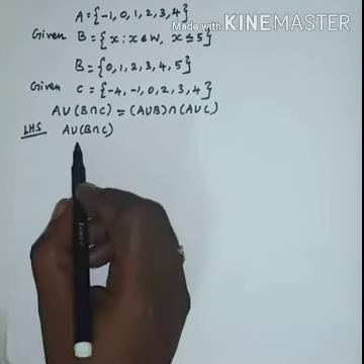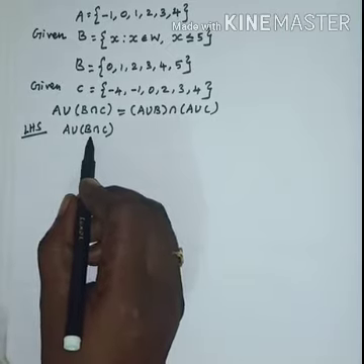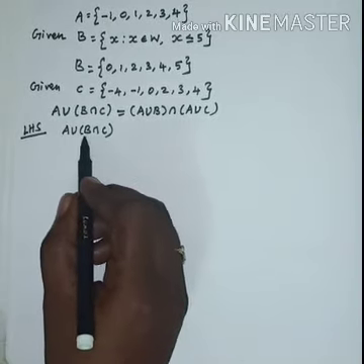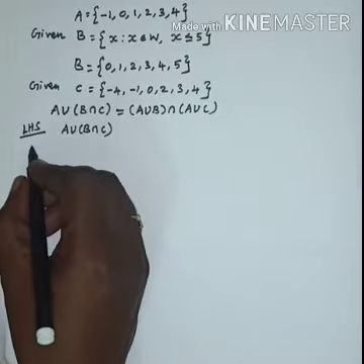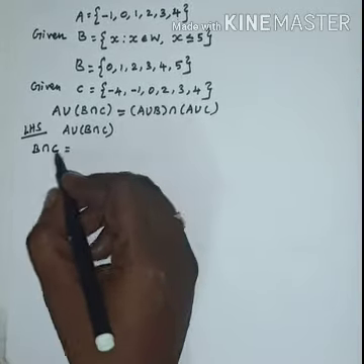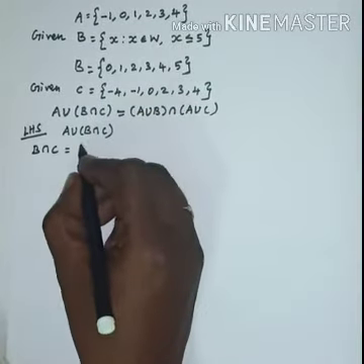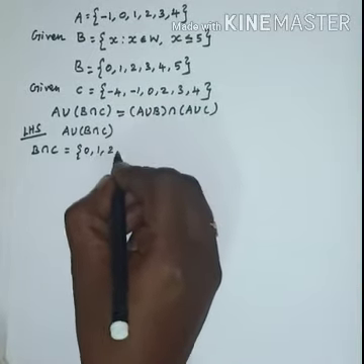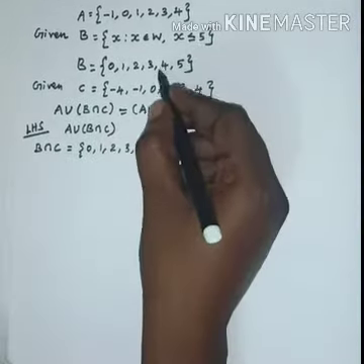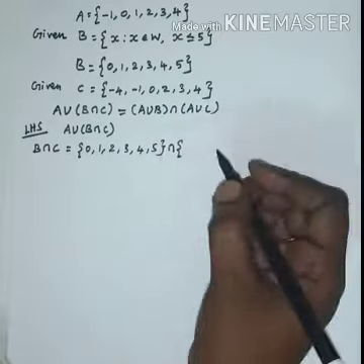So first we have to write the elements of the set within the bracket, isn't it? Here we have B intersection C within the bracket. So first we have to find B intersection C. The elements of B are 0, 1, 2, 3, 4, 5. These are the elements of B we found. And then put the intersection symbol.